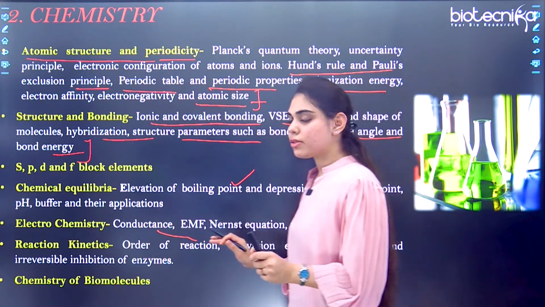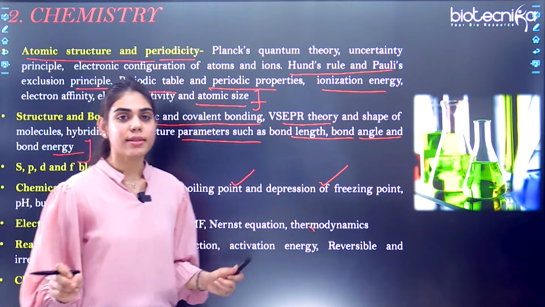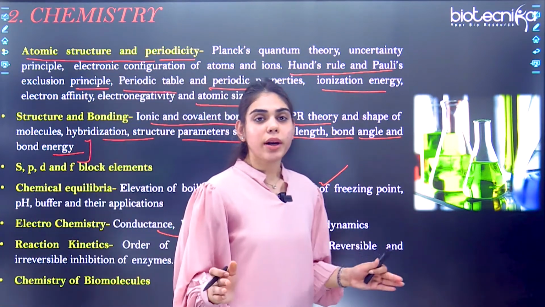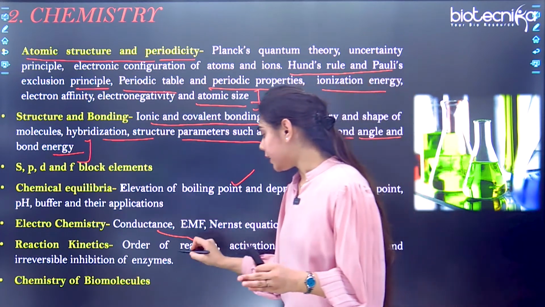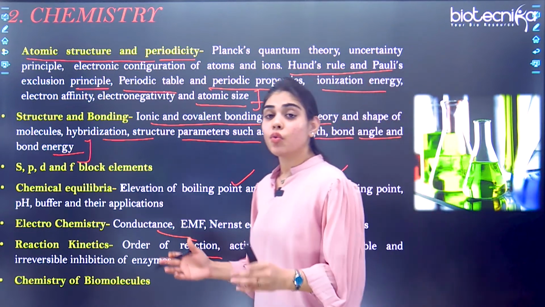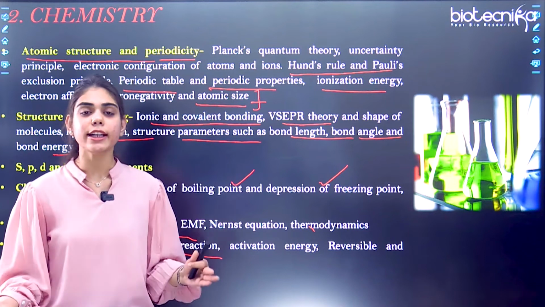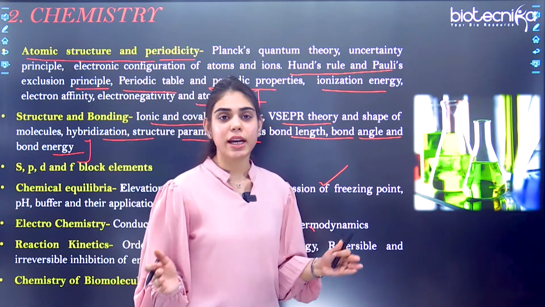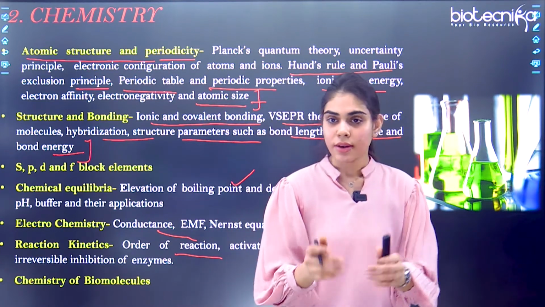Under electrochemistry, you should practice EMF potential, how it is calculated, what is the formula for the Nernst equation. Under reaction kinetics, order of reaction, what are first and second order reactions, what is activation energy, what is an enzyme, what are their properties, how the inhibition of enzyme takes place, what are the different types of inhibition and how it is regulated.